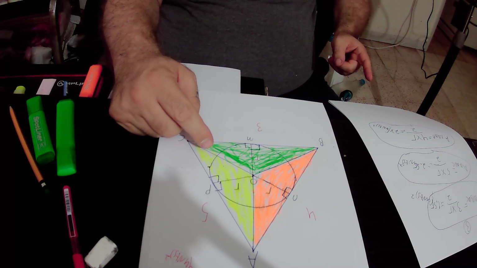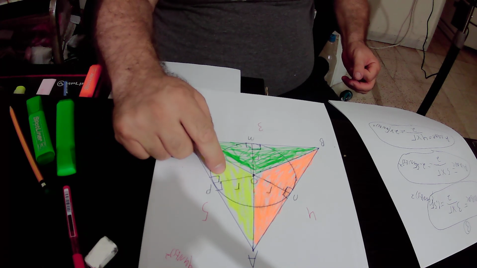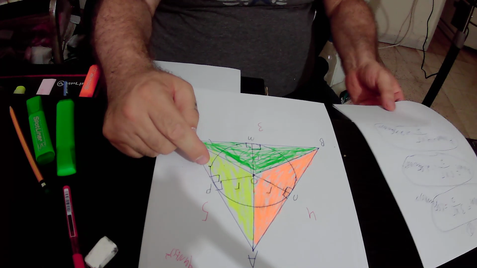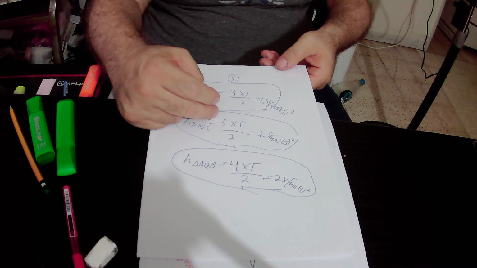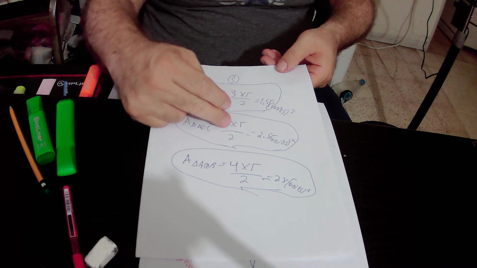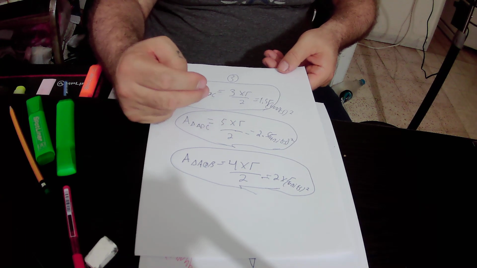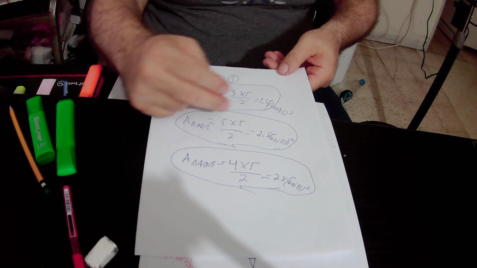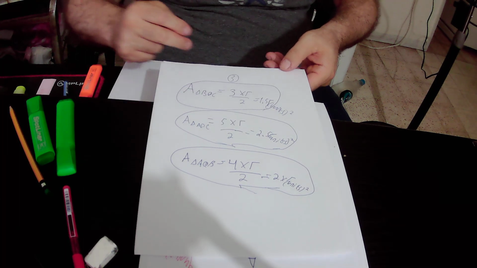So the area of the yellow triangle equals 5 times the radius divided by 2. In other words, the area of the yellow triangle equals 2.5r units squared.